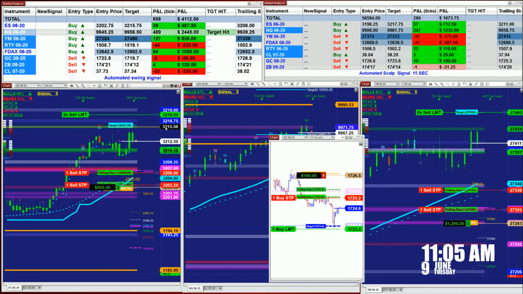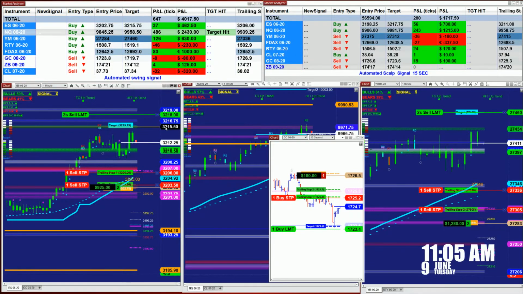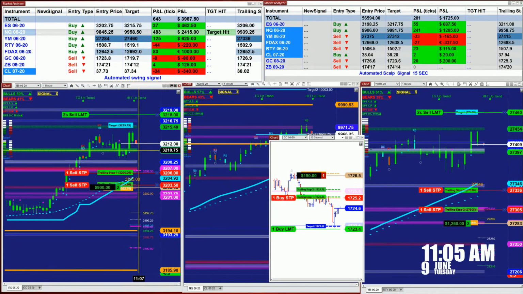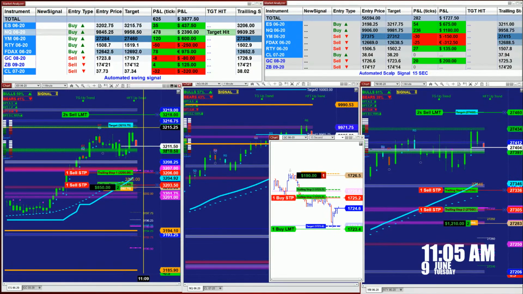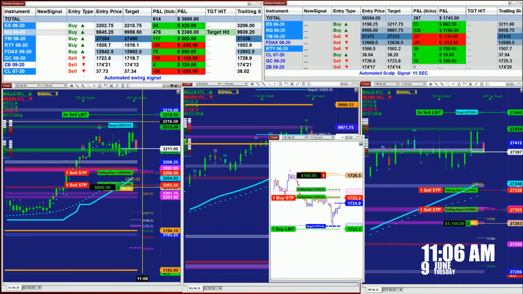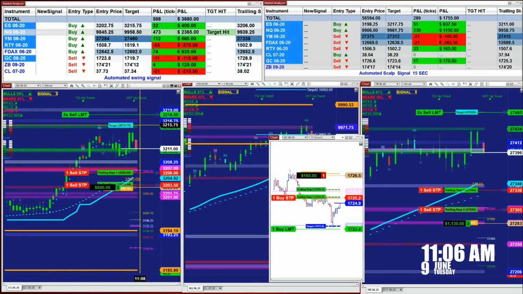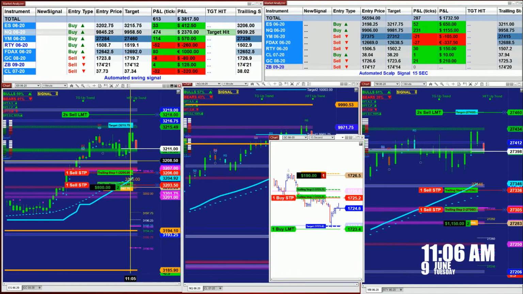this is the support area on the ES, 1075. So now what happened on the ES, it's getting stuck between the support area at 3210.75 and the projection at 3215.25. Simple as that. Either they're going to break that area and hit the target, which is right at this projection, or we're going to go back and retest 3208.50.